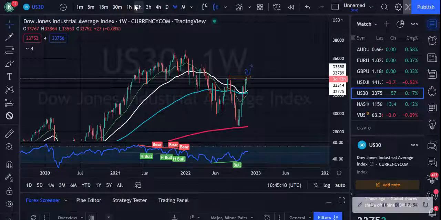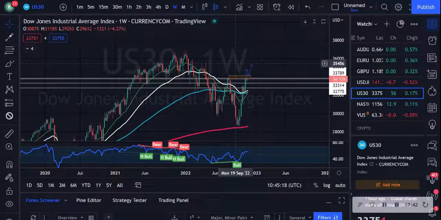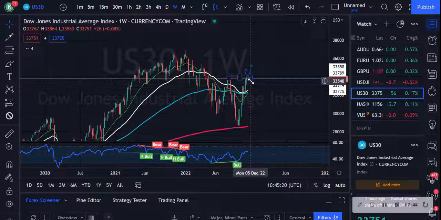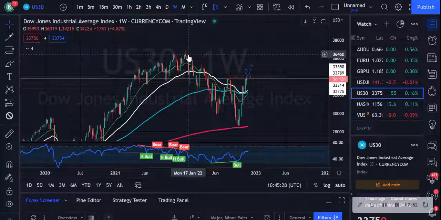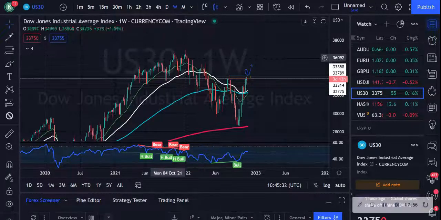You could literally drop down to lower time frames and take closer TP1, TP2, TP3, because sometimes we try to catch the entire move, but it may not always go our way. And I personally think if price goes up, it is going to break the higher high here anyway, which is about 36,450 plus minus.